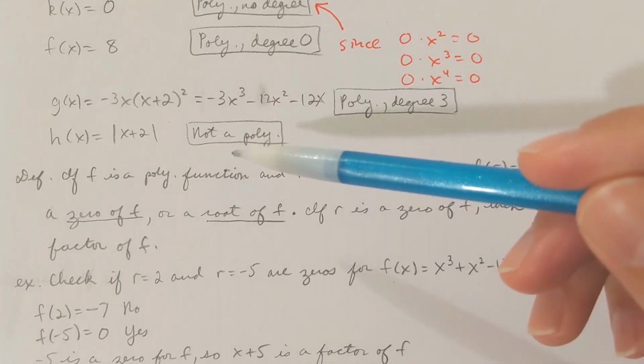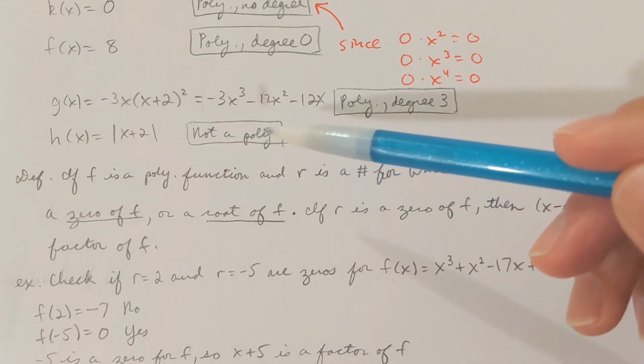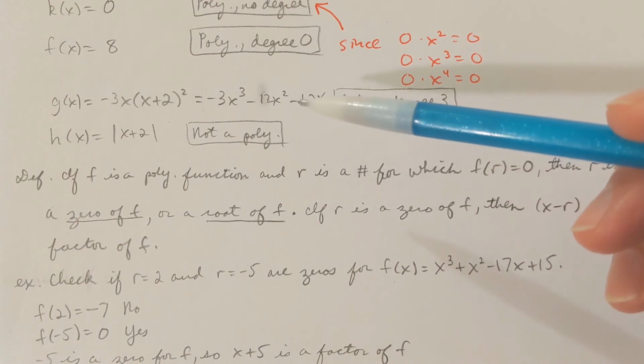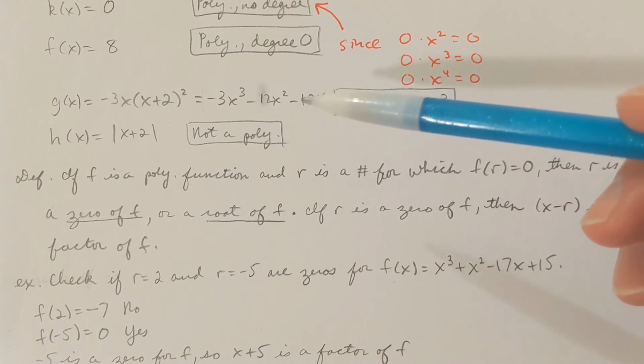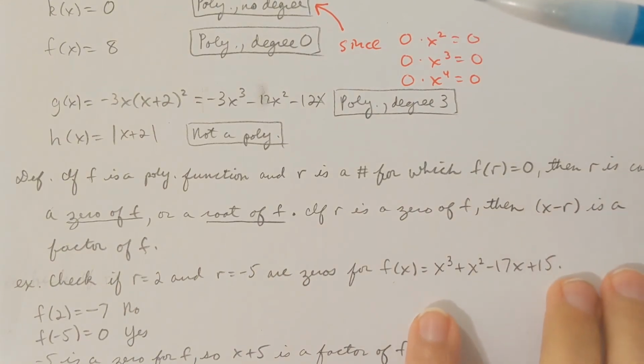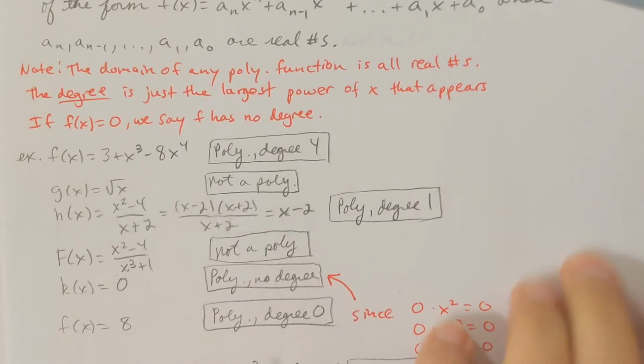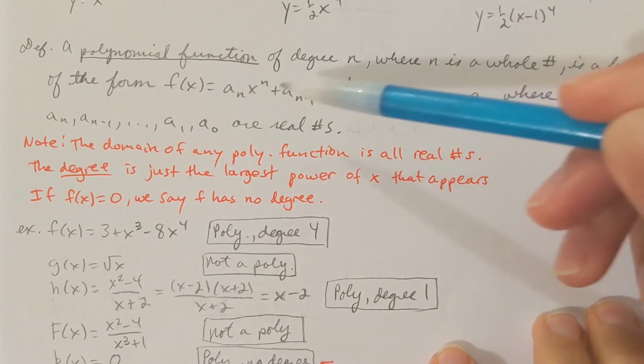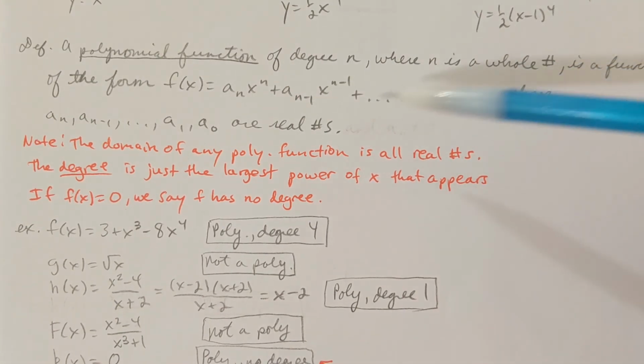Okay, h of x is the absolute value of x plus 2. This is not a polynomial because the very easy answer would be to say that I don't have anything involving absolute value bars in the original function.